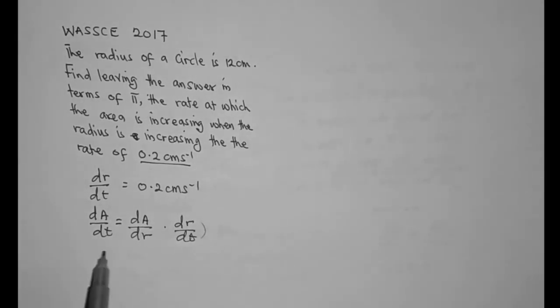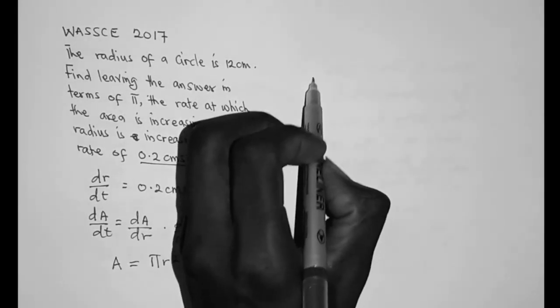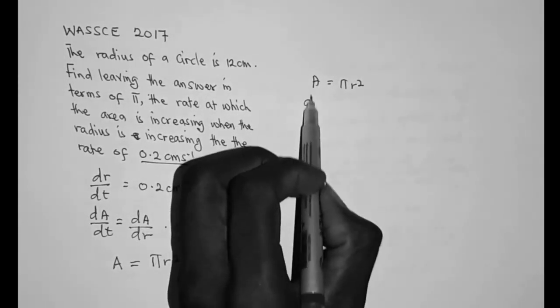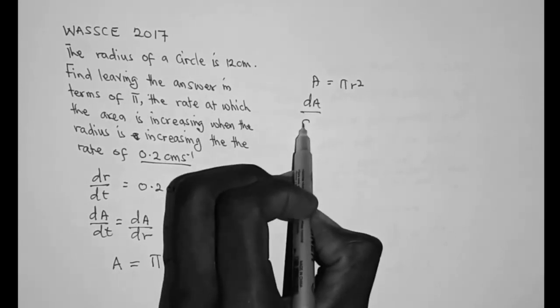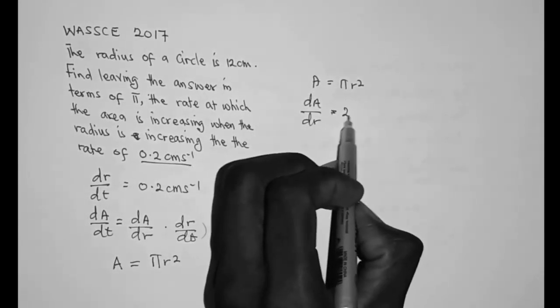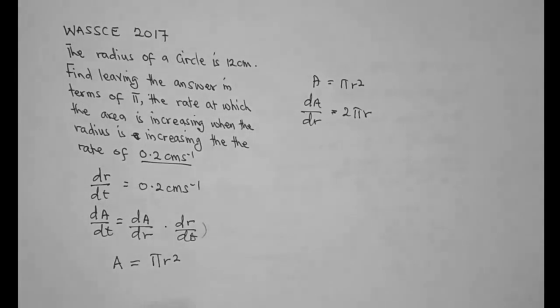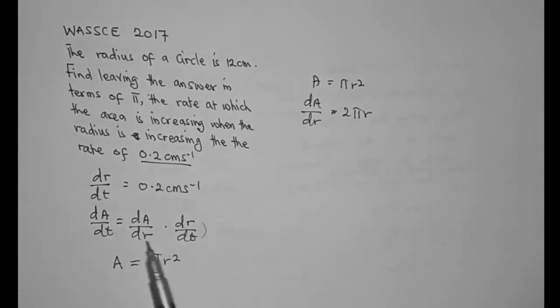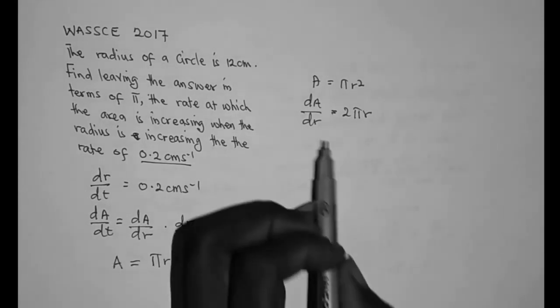But then we know that the area of a circle is given as pi r squared. So area is equal to pi r squared. Let us find dA/dr from here. So dA/dr is equal to 2 pi r. So having found dA/dr, we can then insert it into this equation to find dA/dt.